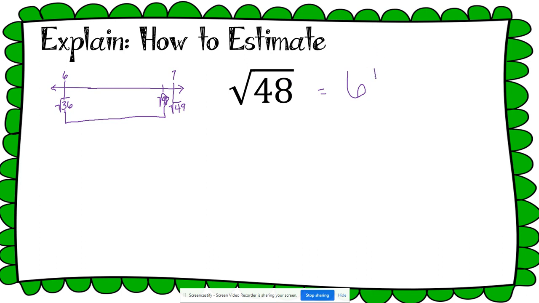So our numerator will be 12. Then we need to figure out the total distance from our two perfect squares to each other. So from 36 to 49, that is 13 spaces away. So the square root of 48 is located somewhere near 6 and 12/13.